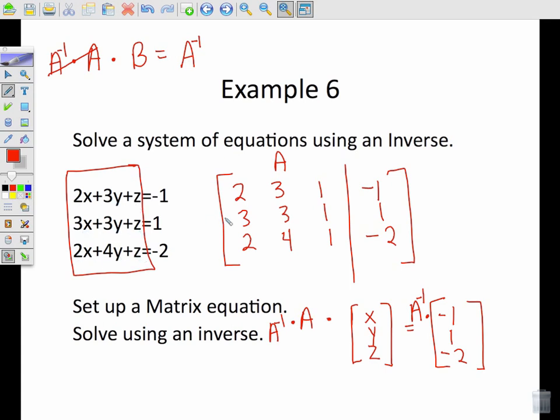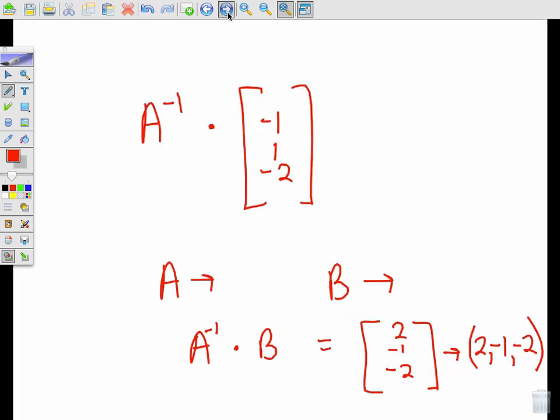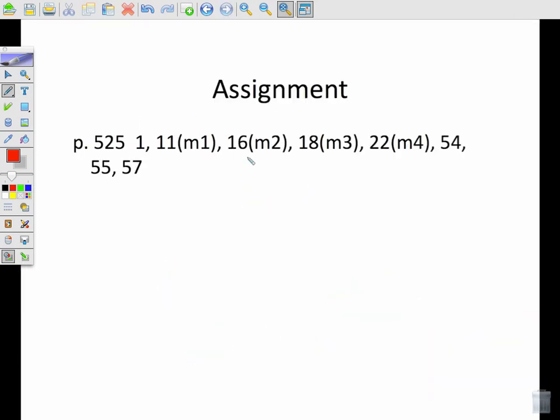You're going to take the matrix right here, and enter the 2, 3, 1, 3, 3, 1, 2, 4, 1. That is a 3 by 3 matrix. Then you're going to enter the other column, -1, 1, -2, and that's a 3 by 1 matrix. You find the inverse of the first one, and multiply by the column matrix, and that'll give you the solution to the system.